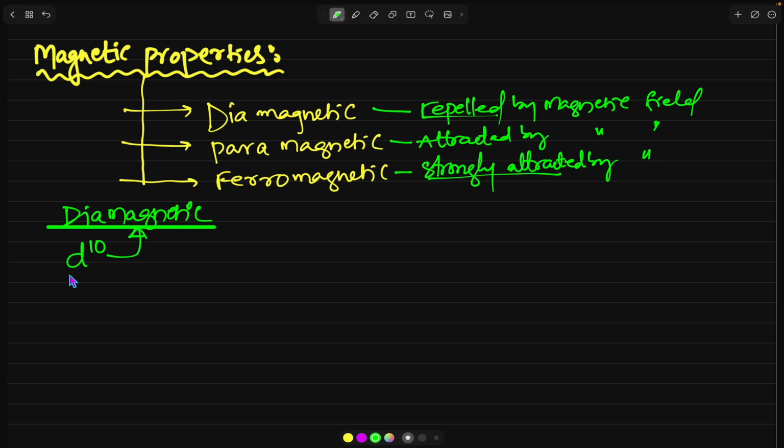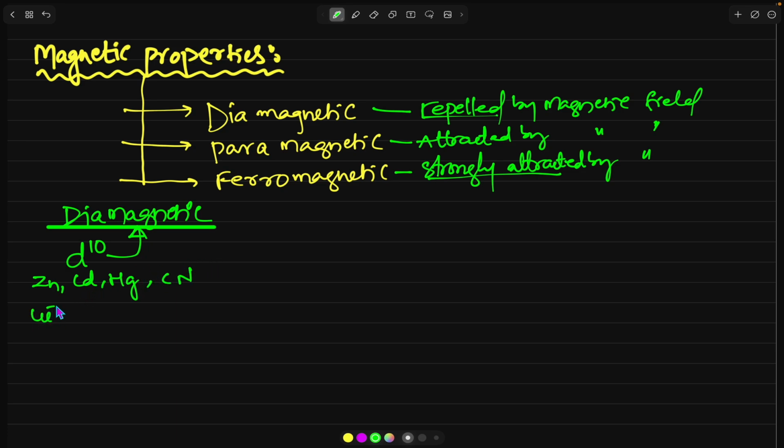We have seen the elements which have this d10 configuration. Do you remember? Examples: zinc, cadmium, mercury, Cn, right? So these are purely diamagnetic substances.